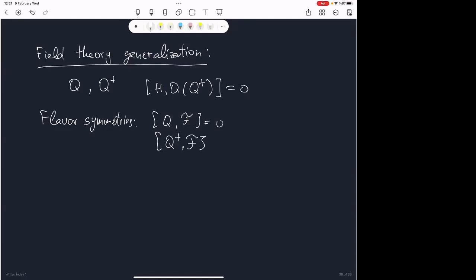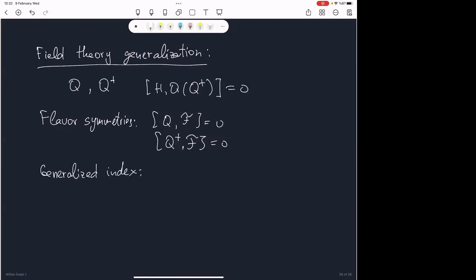So what can we do in this situation, if we have some commuting operators here? Then we can generalize our Witten index, the generalized index, in the following way.